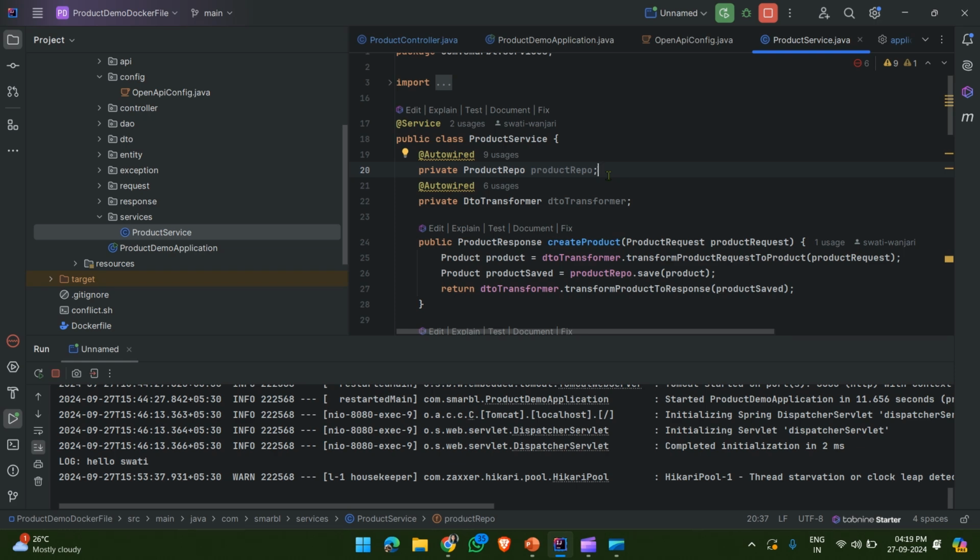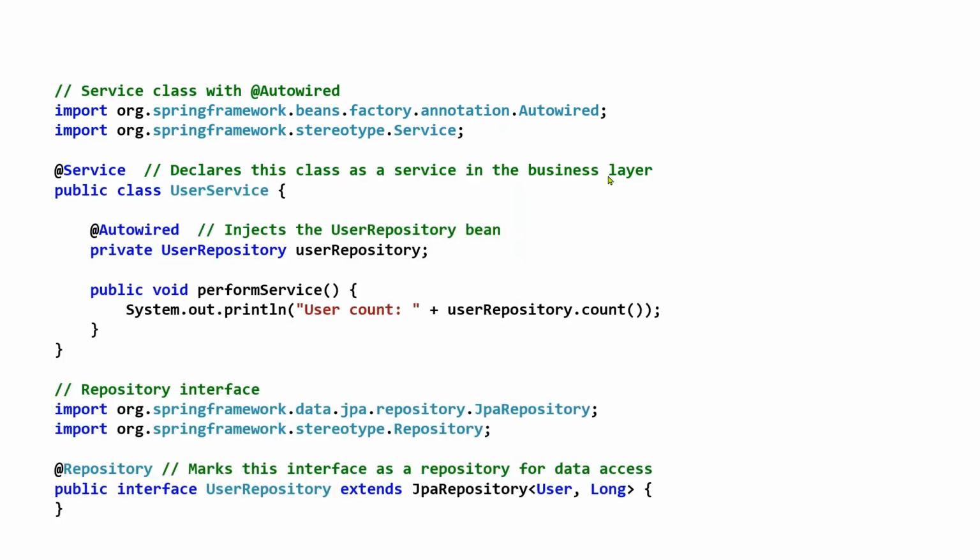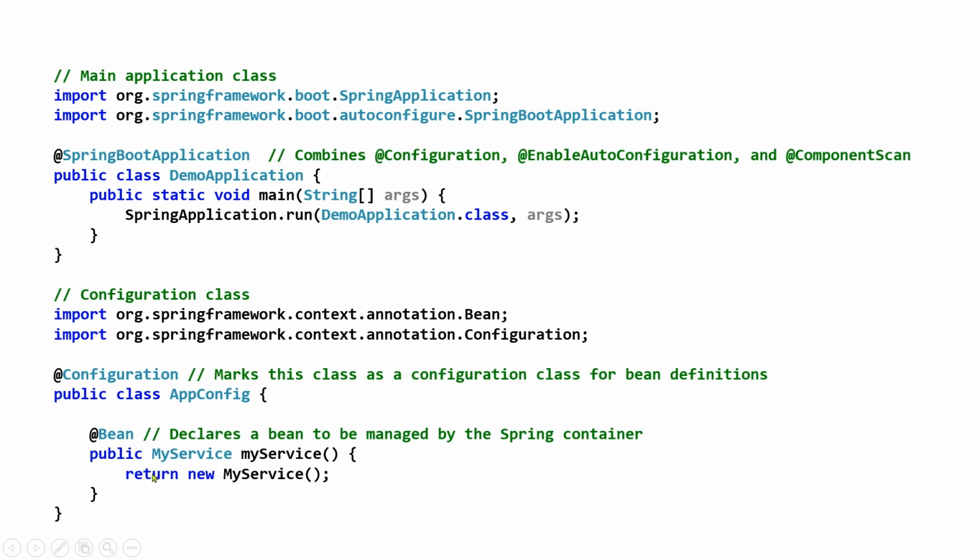So there are also different types of annotations like @Bean, @Component, @Service, and @Repository. I already showed you that this is a bean configuration, which is used to declare a bean to be managed by the Spring container.